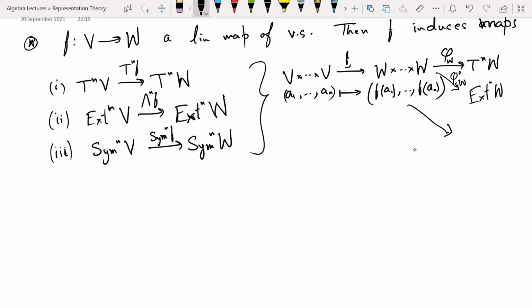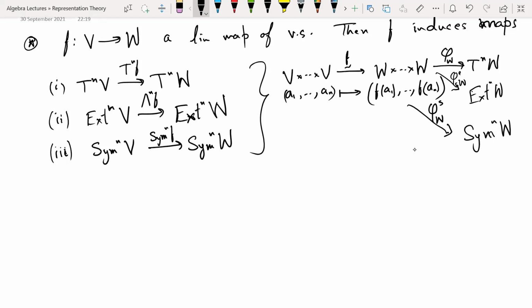And if you compose it with the symmetric one, if you send it to the symmetric algebra, and call it phi_WS for symmetric, then this multilinear map is going to be symmetric, and hence you will get these induced maps.